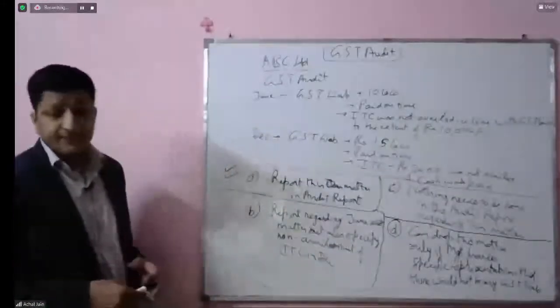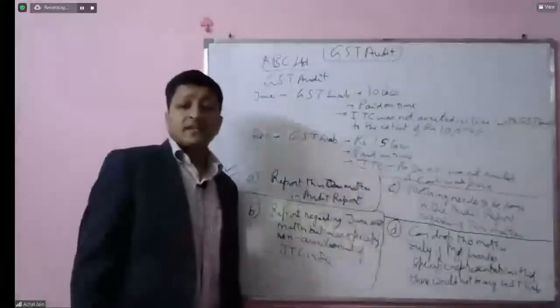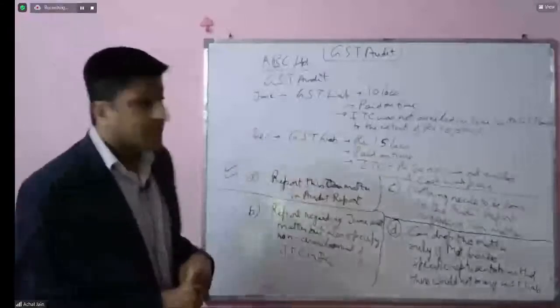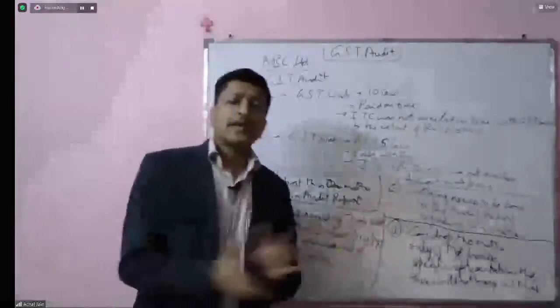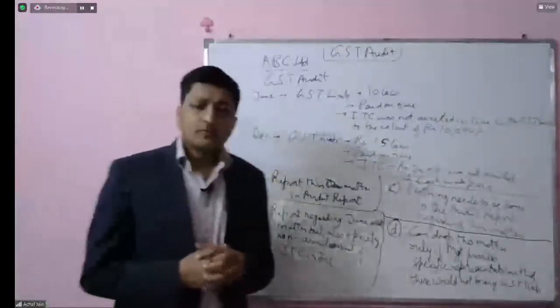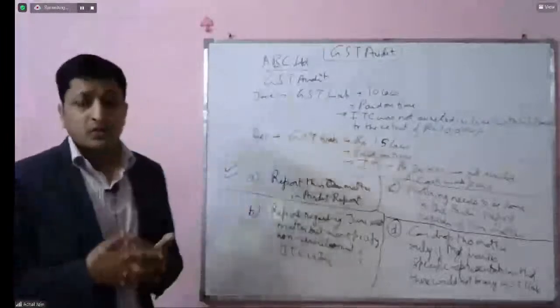Now in this case, if we say that the management will provide a representation letter, that don't worry, there will not be any liability in the future, can the auditor accept it? No, because auditor has to evaluate this on his own, on the basis of his knowledge.